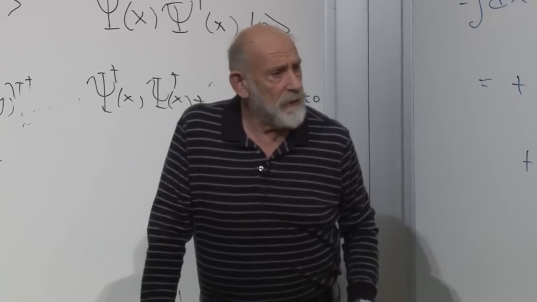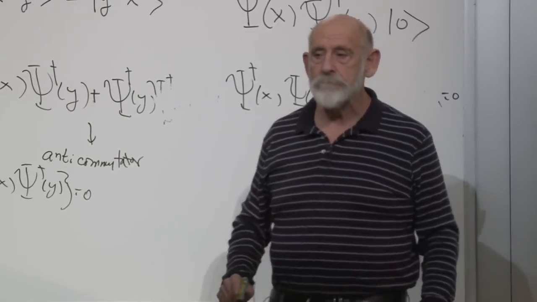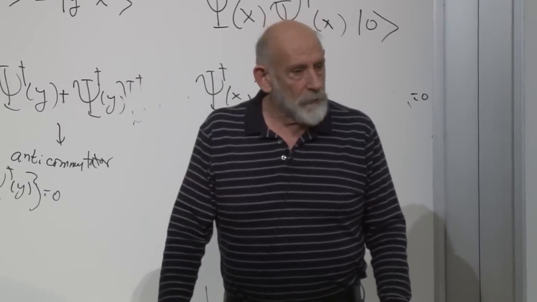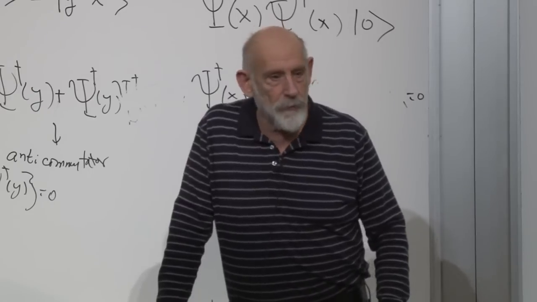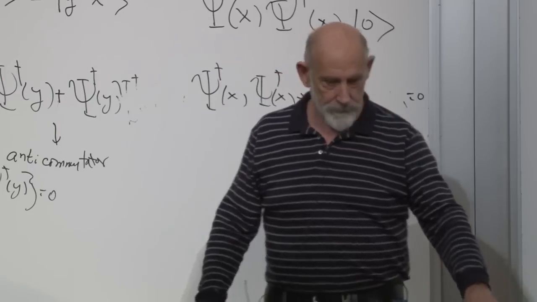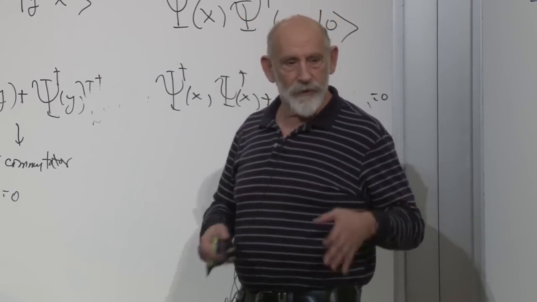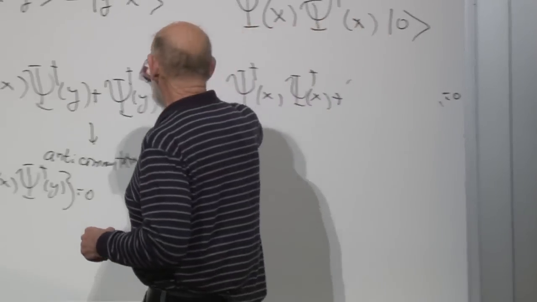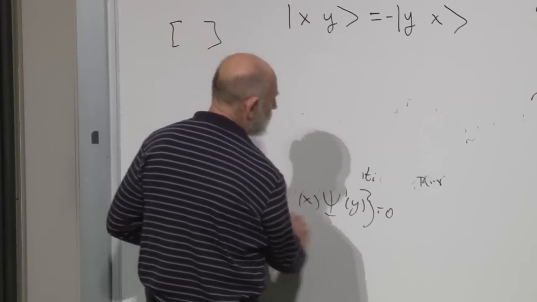There's an interesting peculiarity here. For bosons, there's a clear mathematical distinction between creation operators and annihilation operators. Even if you didn't know what the devil these things stood for, when you write out the commutation, we have no idea what these things stand for.